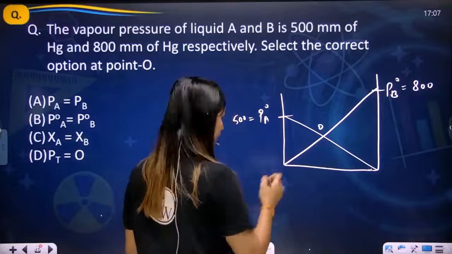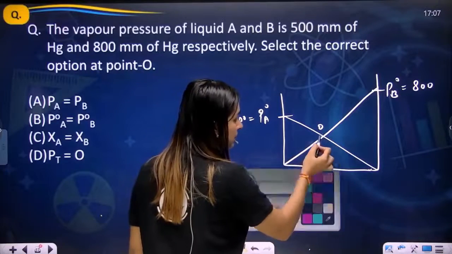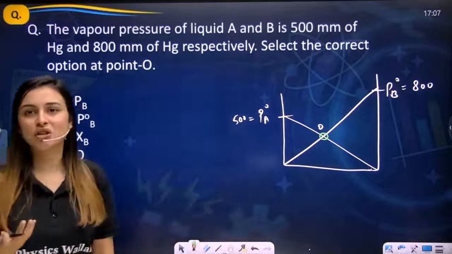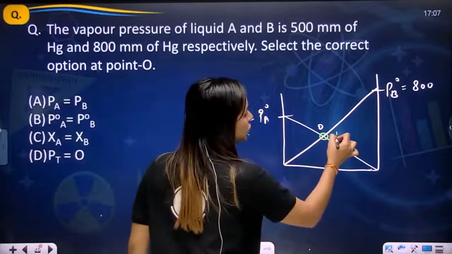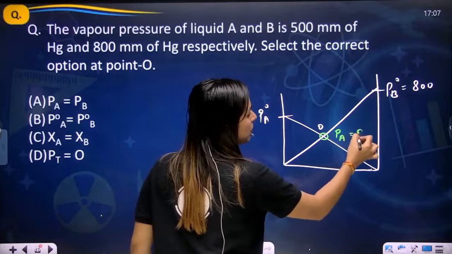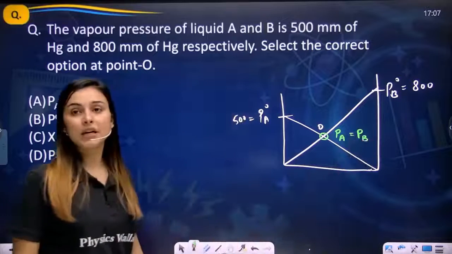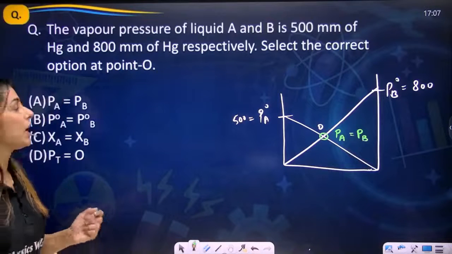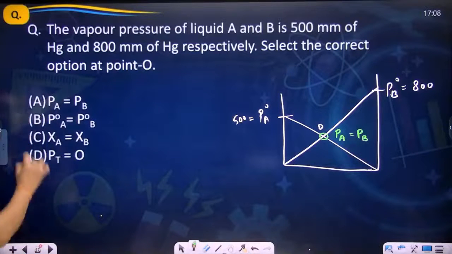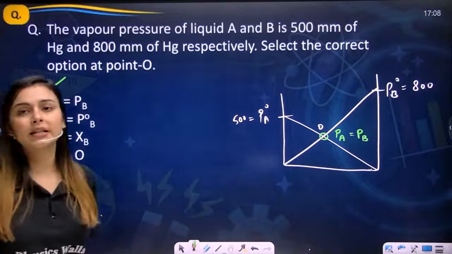So you have to tell at this particular point what is actually happening. So my dear students, at this particular point, the partial pressure PA will be equal to the partial pressure PB, right? Always and always make it clear, and this is how questions are generally asked. So PA will be equal to PB. Option A will be your correct answer.